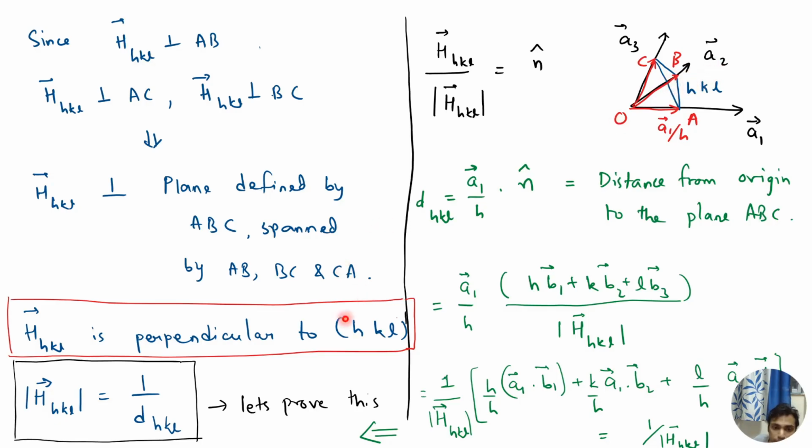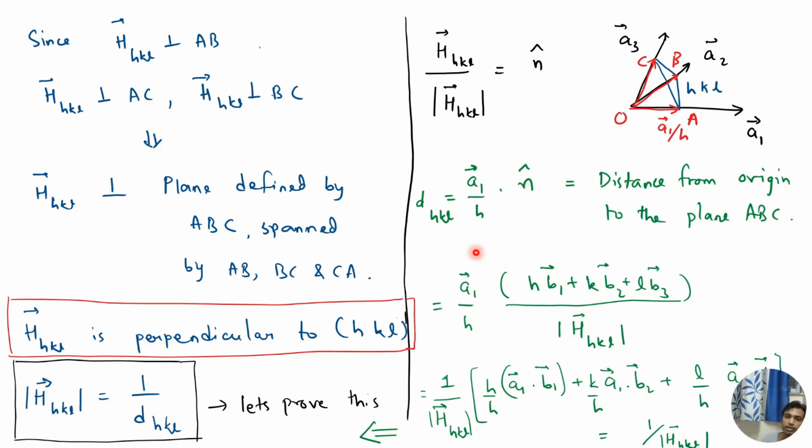And just now we have seen that h of hkl is perpendicular to this plane, and the unit vector along that perpendicular line is h of hkl divided by the magnitude of h of hkl. So that is what dhkl is. The statement I made, the projection of a1 by h along the line which is perpendicular to the plane ABC, is just a dot product.